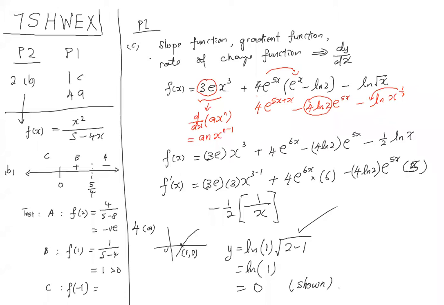Okay, so I put negative 1 squared divided by 5 minus 4 times negative 1. So I got 1 over 9. So greater than 0, so positive. Is that okay? Yes. So you just have to test. Some are easier, some are more difficult to test. So that's all. So any other question?